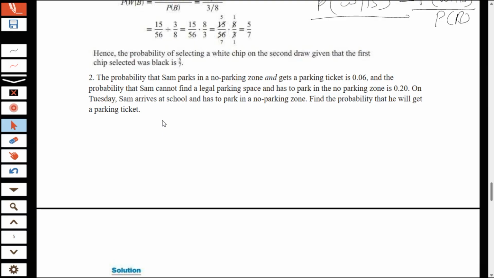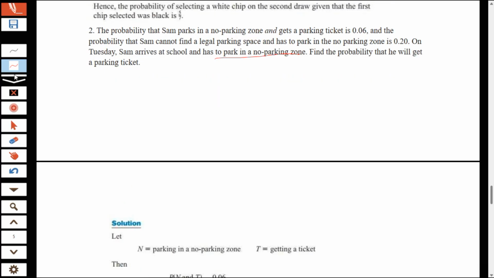Already it says he has parked in a no parking zone. If he has parked in a no parking zone and still will get a parking ticket, this is a conditional probability.